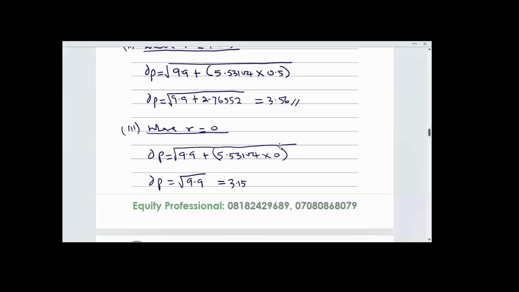Then the last one, number 4, where R equals -1. So the risk of the portfolio will be equal to the square root of 9.9 plus, open a bracket, 5.53104 multiplied by -1.